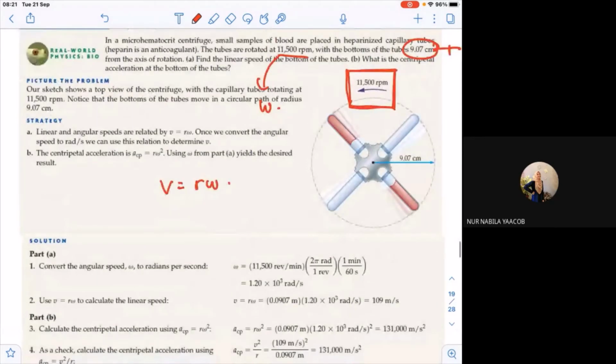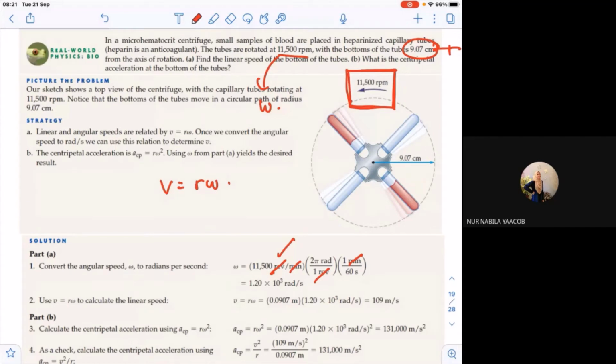So v equals r omega. But first, to make the situation very clear, we must make sure to convert from RPM to radians per second. So the first step is to convert the 11,500 revolutions per minute to radians per second. 2 pi radians is equivalent to 1 revolution, so you can cancel out revolutions, and 1 minute equals 60 seconds.